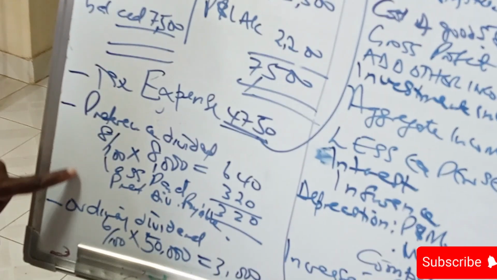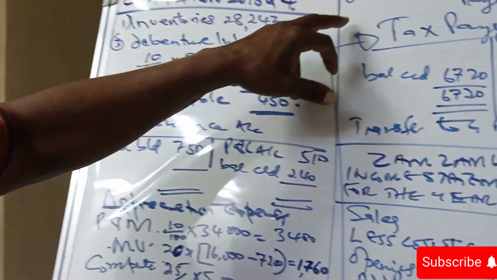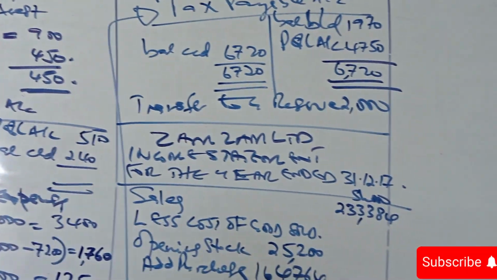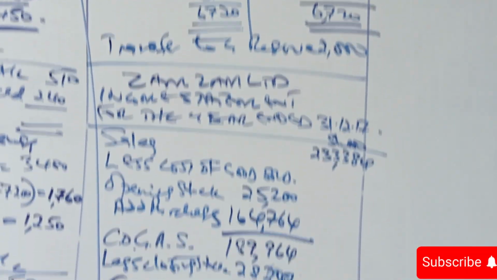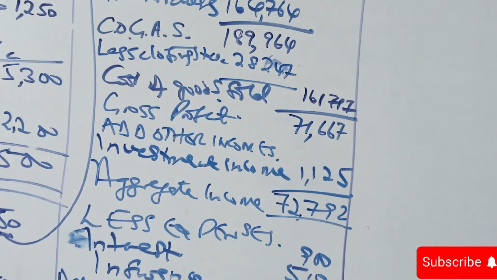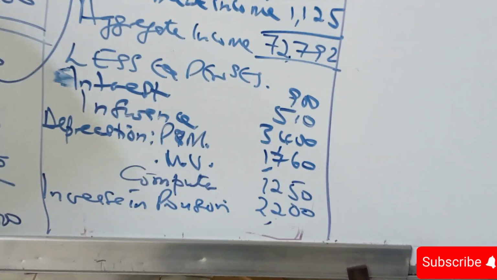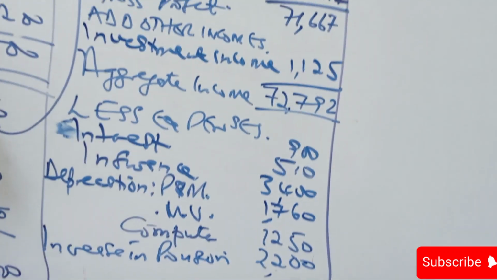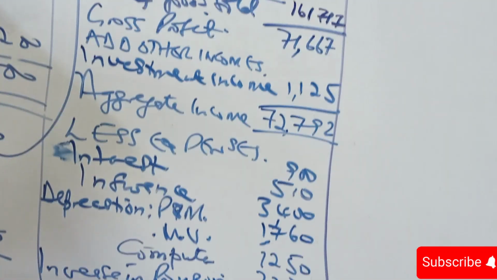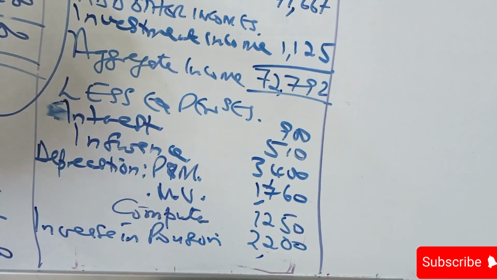Now, preferred dividend, the dividends or the tax payable, those are the ones which required adjustments. So we go now to the trial balance to look for expenses which are there but did not require adjustments.